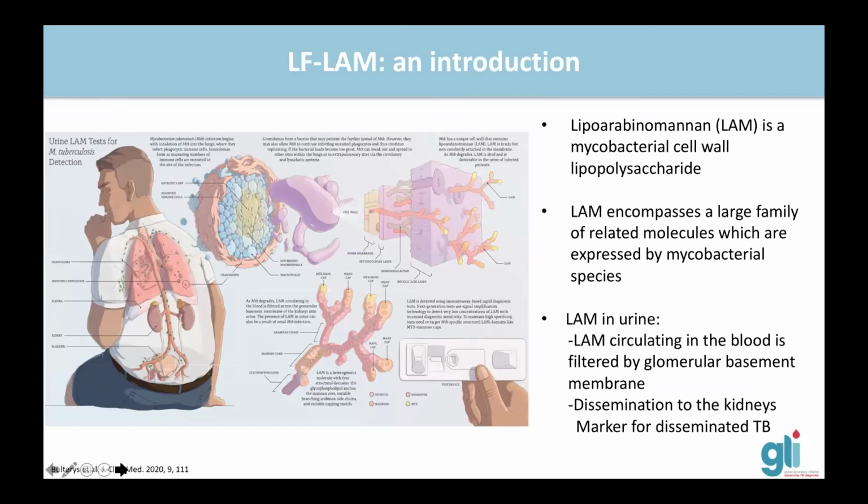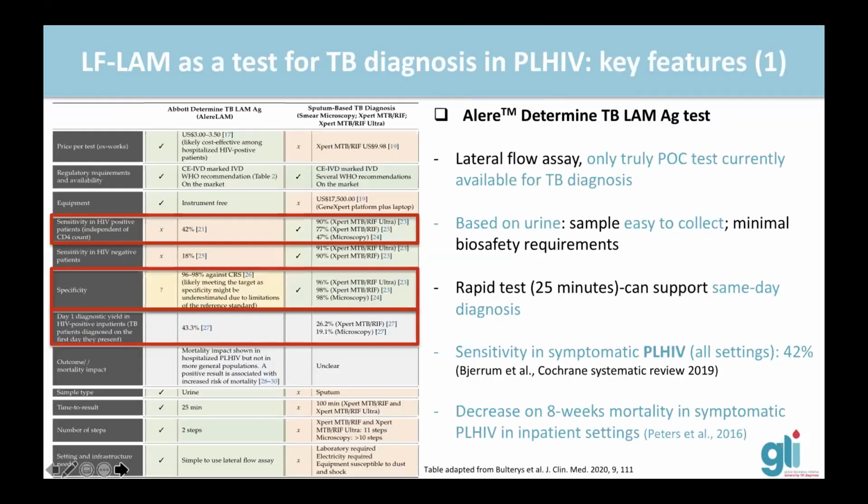For the time being, the only commercially available rapid test based on the detection of LAM for TB diagnosis is the Alere Determine TB LAM antigen test. As I mentioned, it is a lateral-flow assay, and until now it is the only truly point-of-care test available for TB diagnosis.